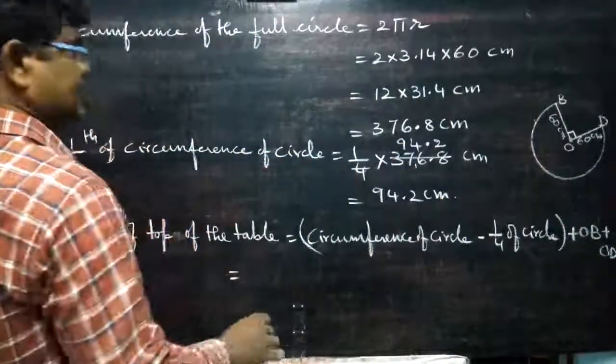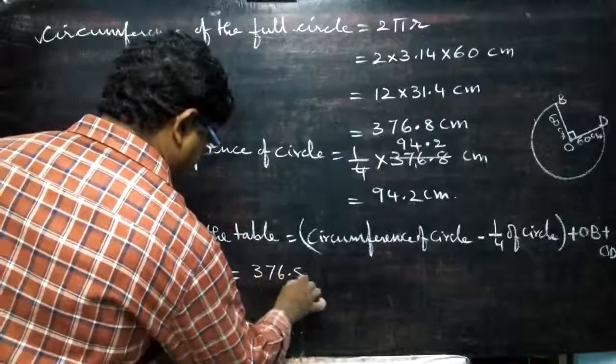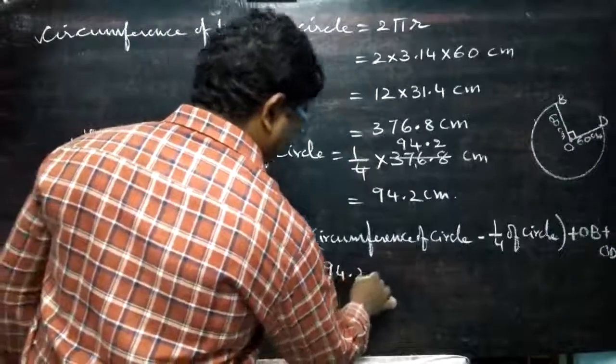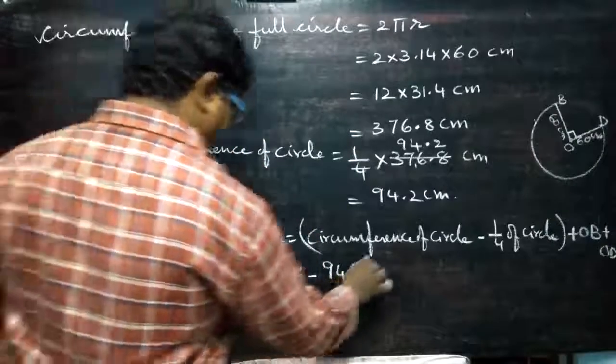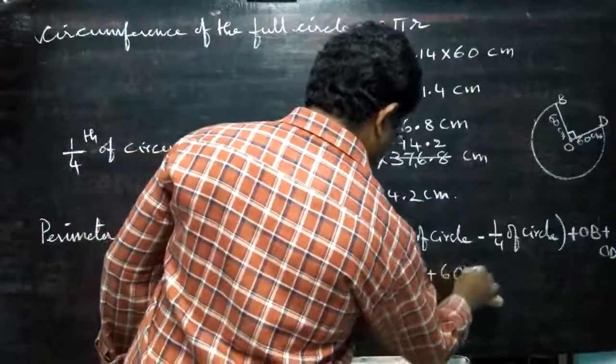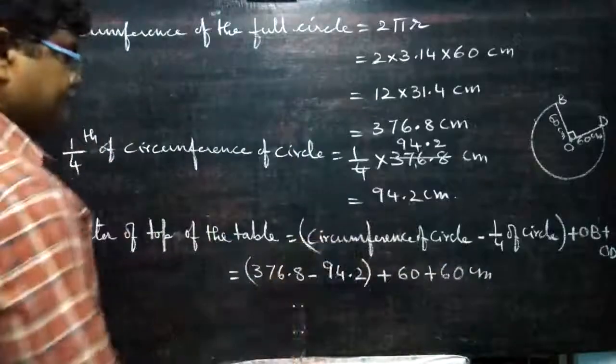That is equal to the circumference of a circle. How much we got? 376.8 minus 94.2. Simplify. Then add 60 plus 60 centimeters, because OB is how much? OD is also that much only.